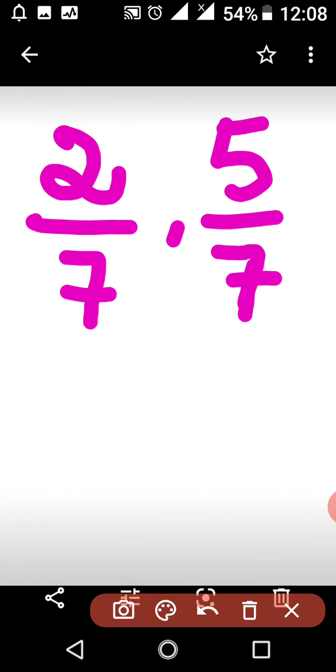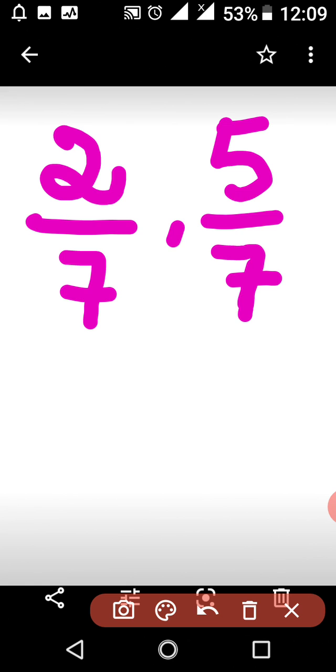If you see, these two are like fractions. Why are these two like fractions? Because these two fractions' denominators are the same. The fractions which have the same denominators are known as like fractions. So by seeing the denominators we can say these are like fractions.